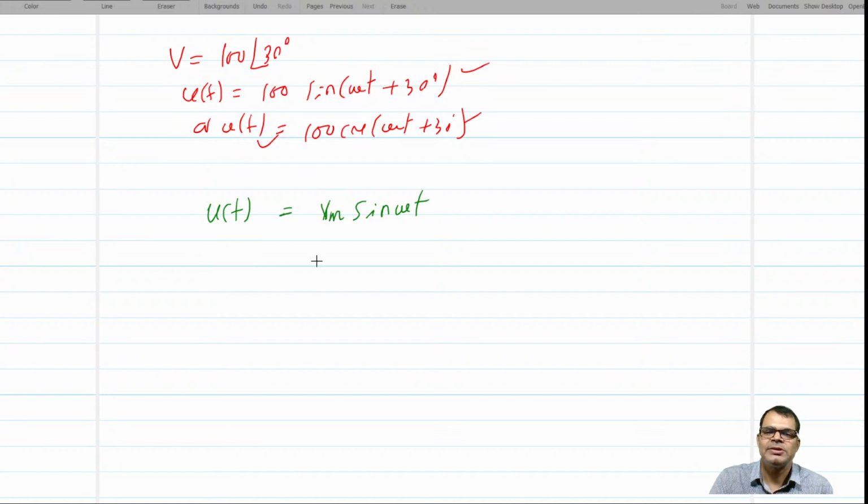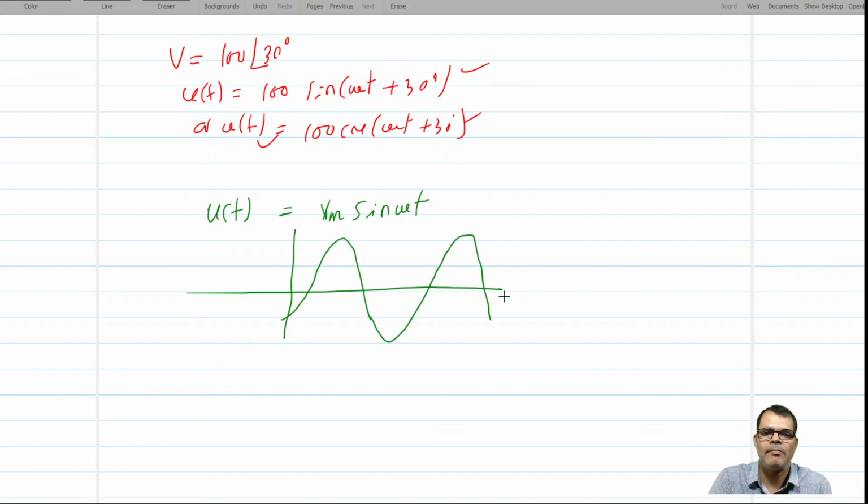Okay, so what is this form of wave? Right?